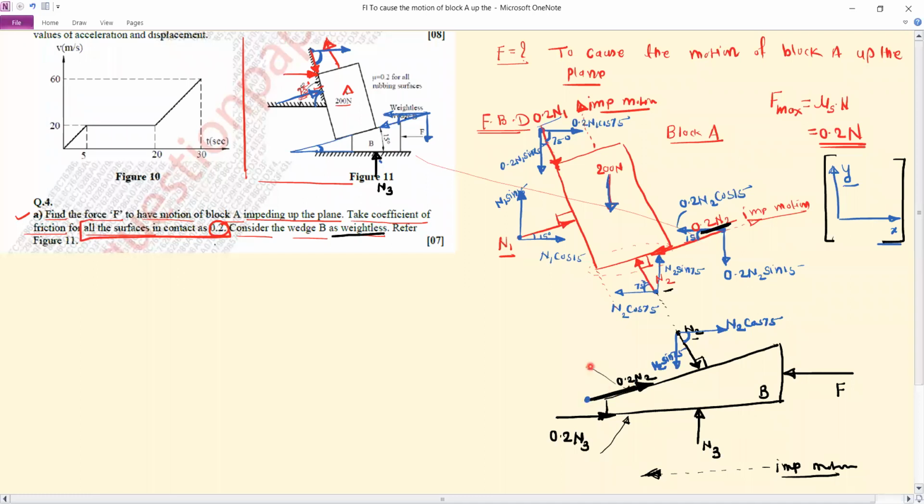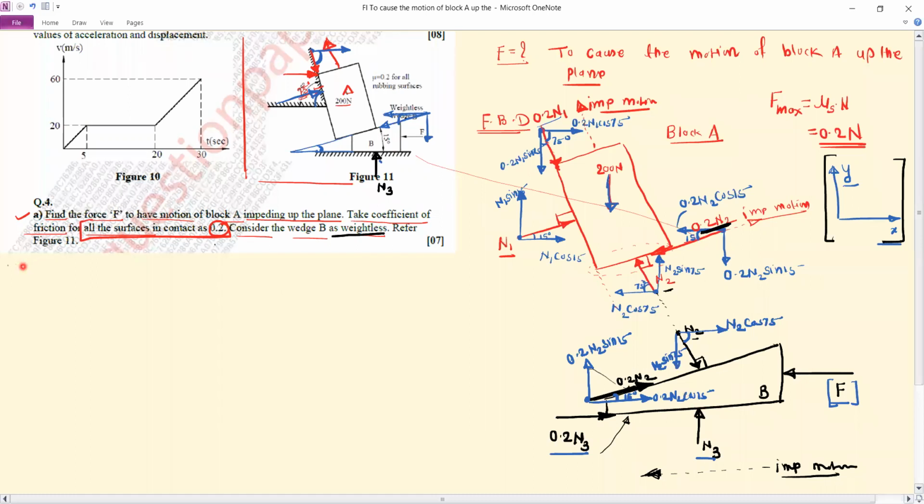So select this point. This is the y component and this is the x component. This small angle is 15 degrees. So this component will be 0.2 N2 cos 15 and this y component is 0.2 N2 sin 15. Next, this 0.2 N3 is along the x-axis, no need to resolve. N3 is along the y-axis and this F force, which is to be determined, is along the x-axis. So this is the complete free body diagram for the wedge B.